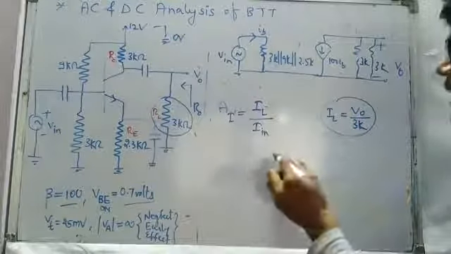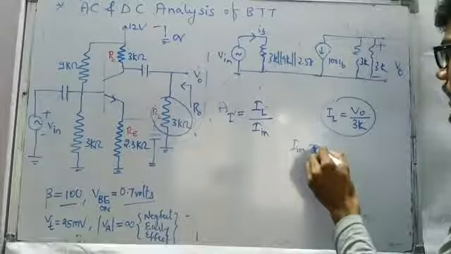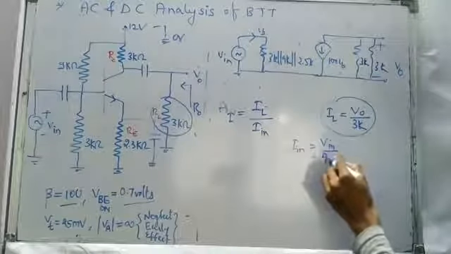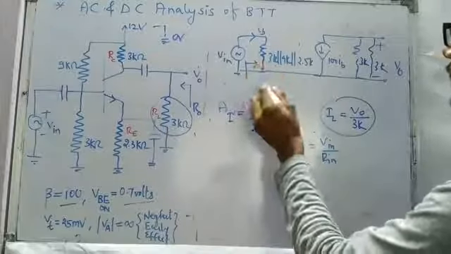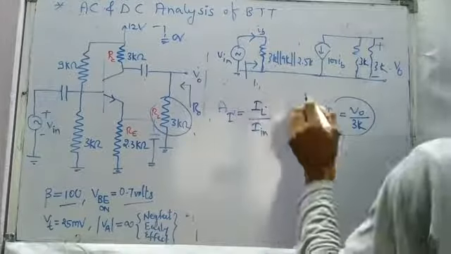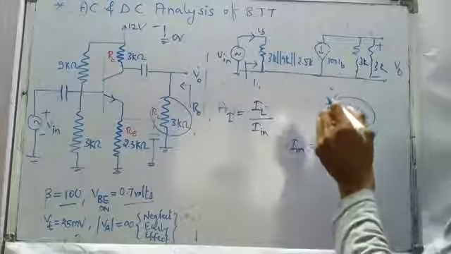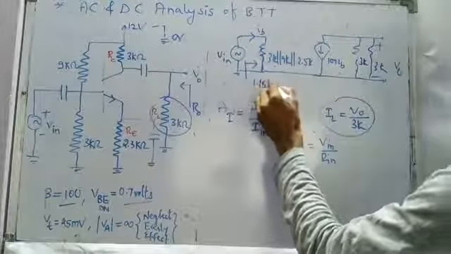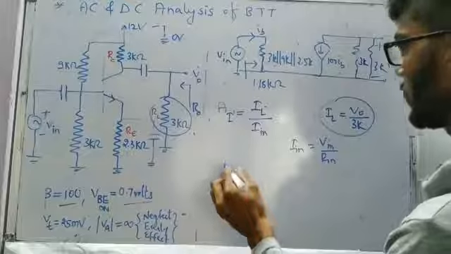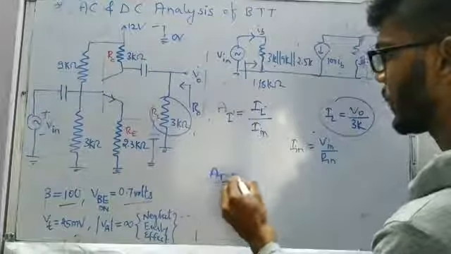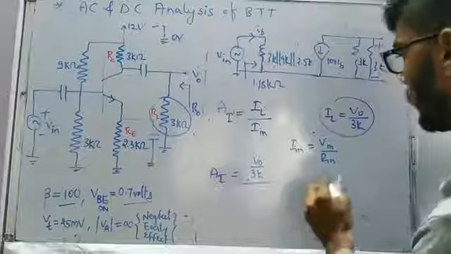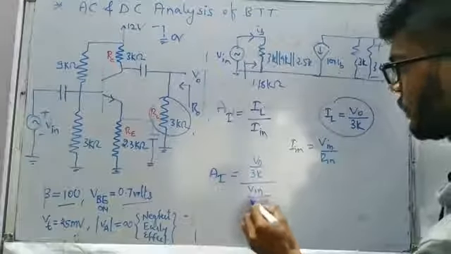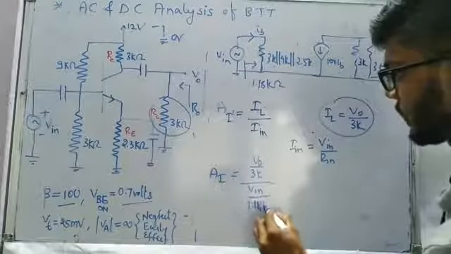R is 3K, and I in is equal to V in by R in, and the input resistance is 3K parallel 9K parallel 2.5K. This will come as 1.18 kilo ohm. So if we write AI is equal to IL by I in, this will be V naught by 3K divided by V in by R in, which is 1.18K.